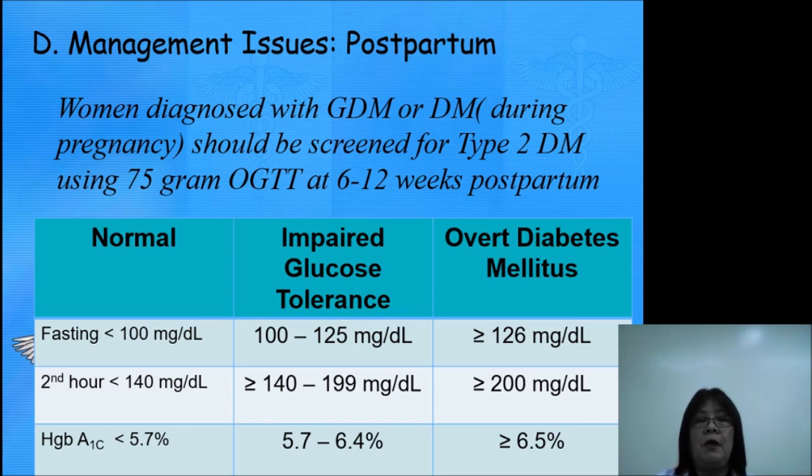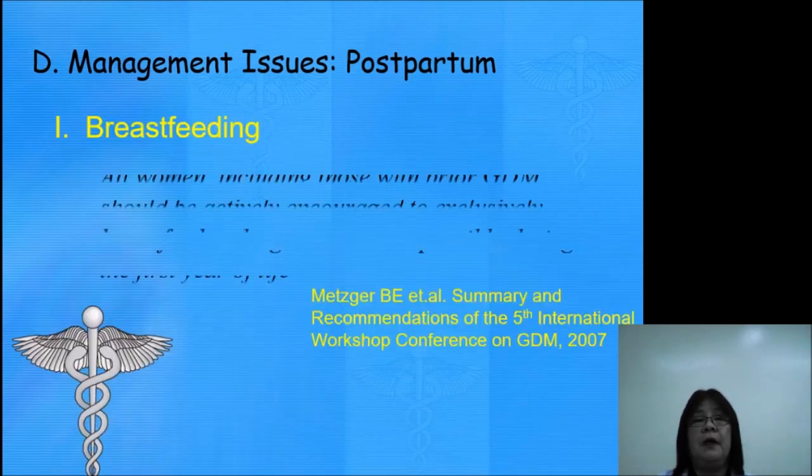But if she belongs to 100 to 125, more than 140 to 199 second hour, hemoglobin A1C of 5.7 to 6.4, it is diagnosed as IGT. But if it is more than 126, more than or equal to 200 for second hour, and more than or equal to 6.5, you can diagnose her as overt DM.